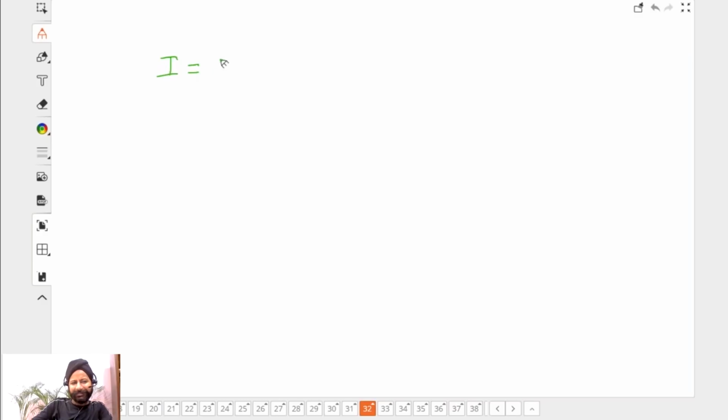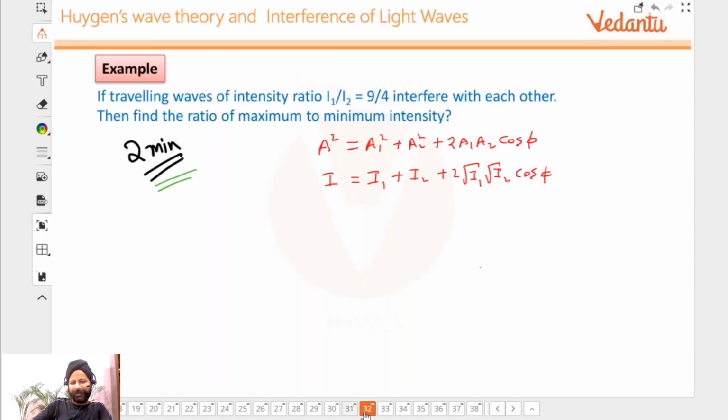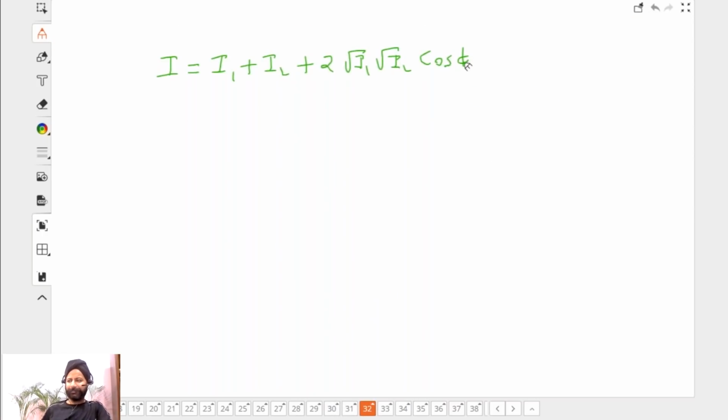So the resultant intensity is given like this: I1 plus I2 plus 2 root I1 root I2 cos phi. Did I write it wrong? No, I wrote it correctly. Now when will it be maximum? For maximum, this value has to be maximum.